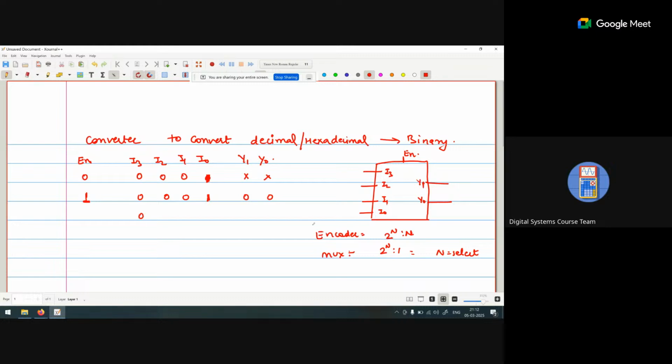If we apply 0 0 1 0, that is I1, the output is 0 1. If we apply input I2, the output is 1 0. And if we apply input I3, the output is 1 1. So basically, it converts the number into its respective binary number.